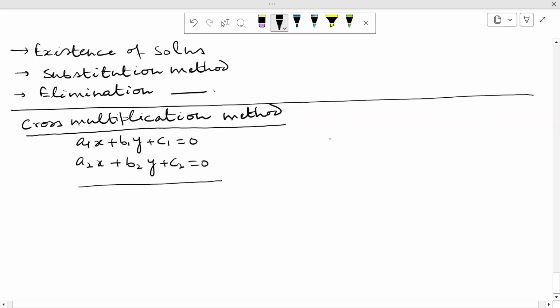So now what you have to do next, you have to write this equation.